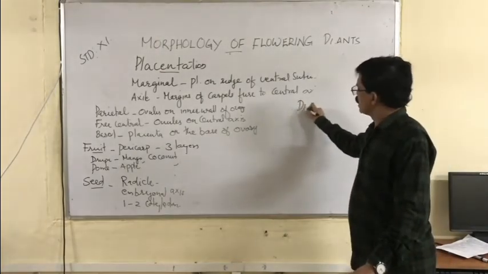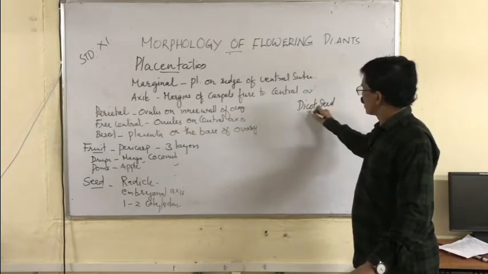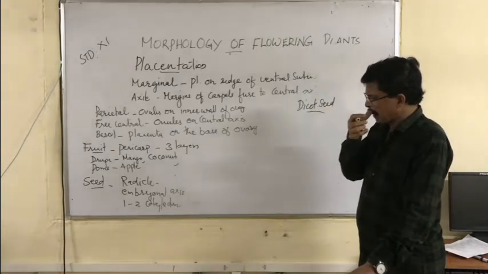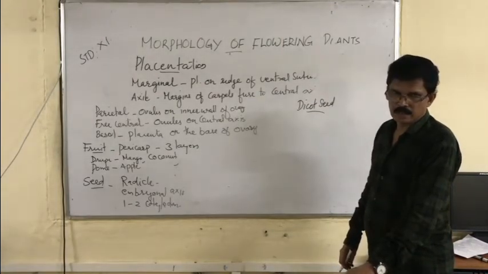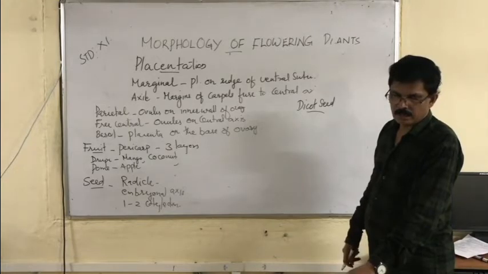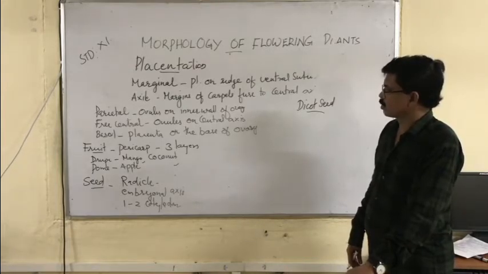Dicot seed, as you have seen in many dicot plants, such as tamarind, or what we call imli seed, then cashew nut seed. Even you can see the pea seeds or groundnut seed. All these are dicot seeds.